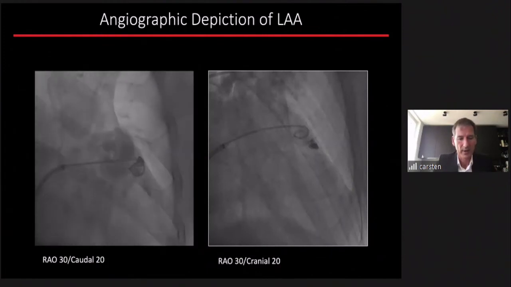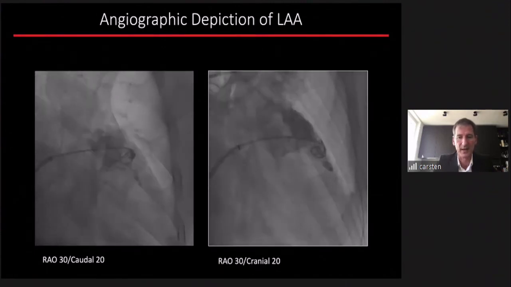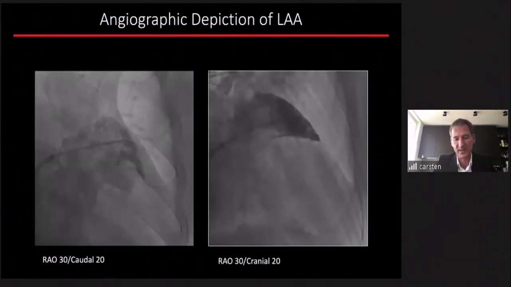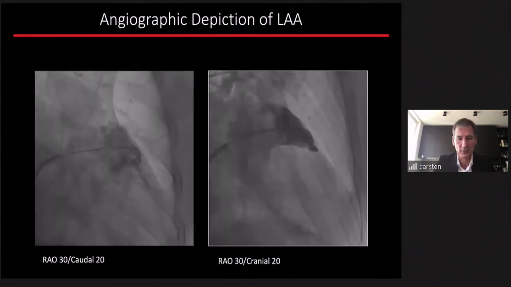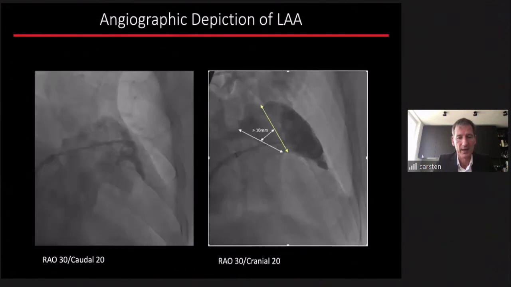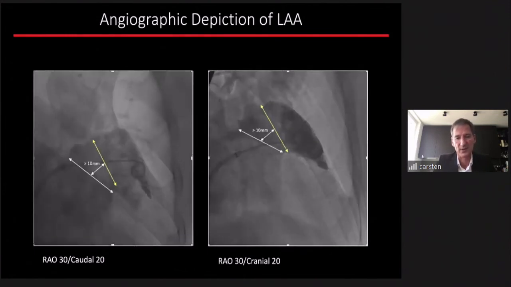So here we have the RAO caudal view, and we do 2 views all the time and choose the best one afterwards. Here's the AO cranial view shown as well. And then as an interventionalist, we measure here as well. It's not 100% aligned all of the time, but you get the idea and double check your sizing.